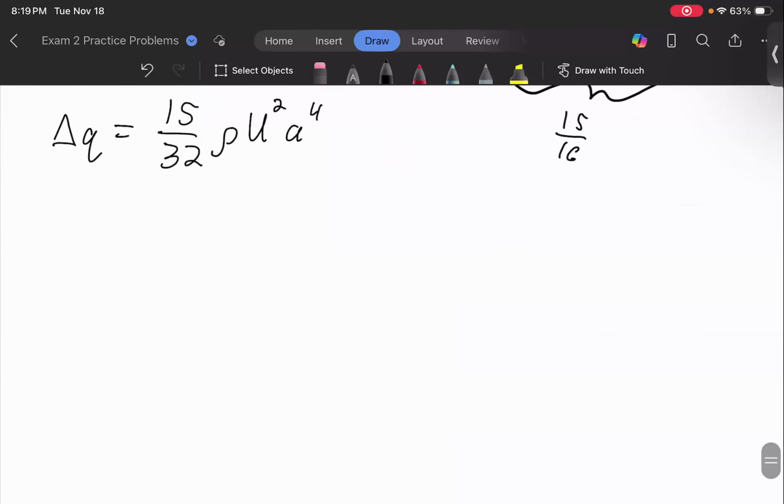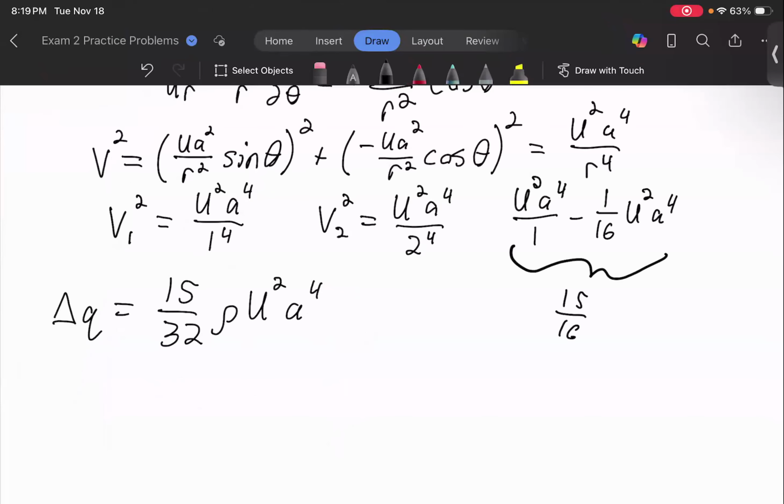All right, so streamline. What's the definition of a streamline? It's tangent to the velocity at all points. In a formal sense, that's about all there is to know.